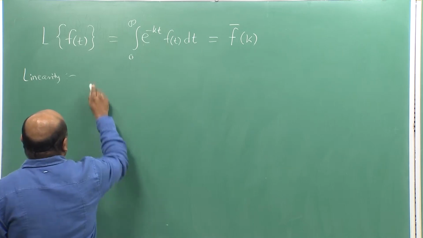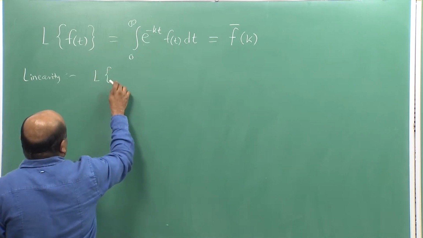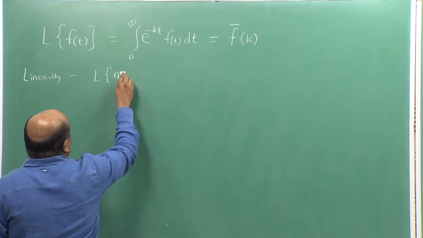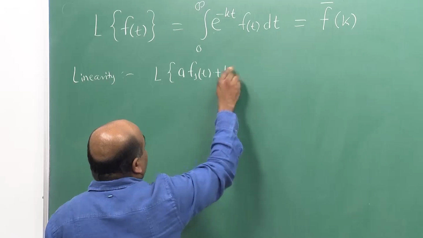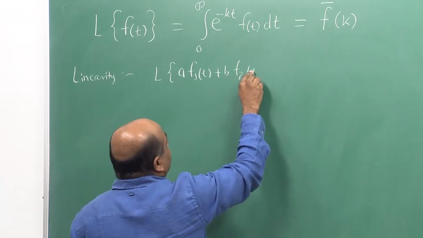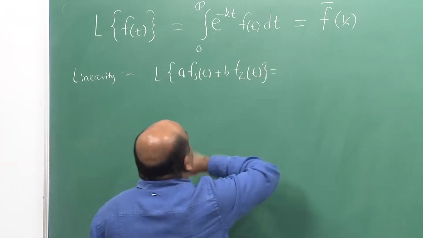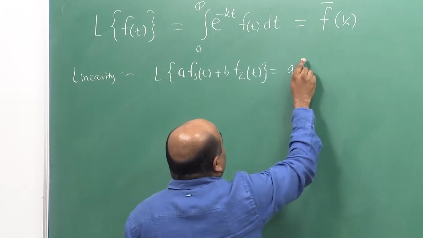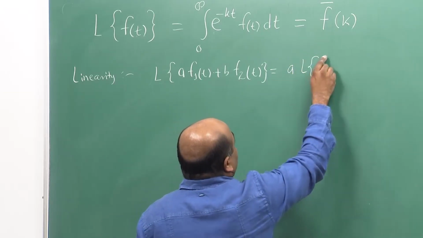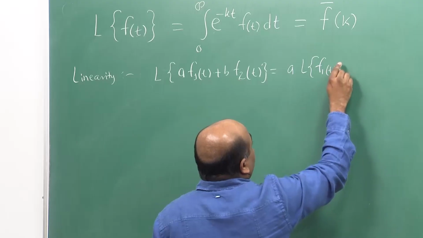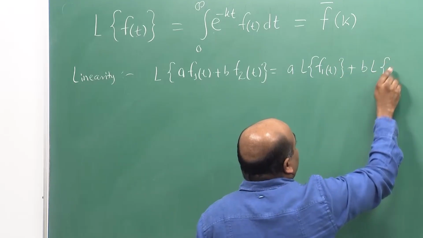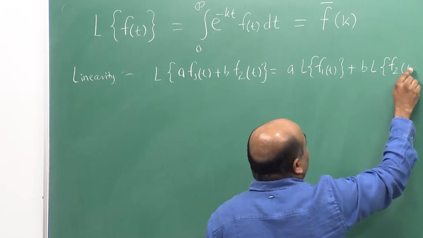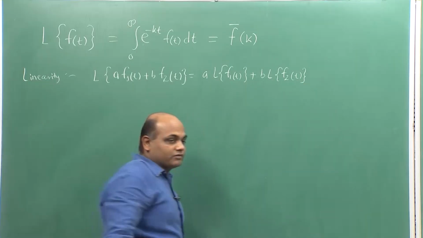It states that the Laplace transform of a times f1 of t plus b times f2 of t is equal to a times the Laplace transform of f1 of t plus b times the Laplace transform of f2 of t.